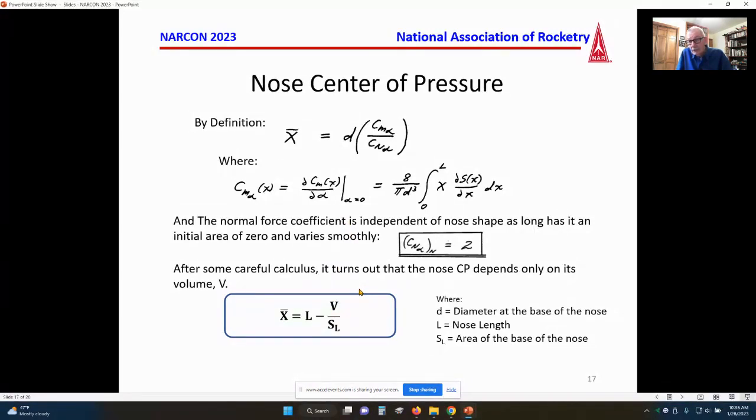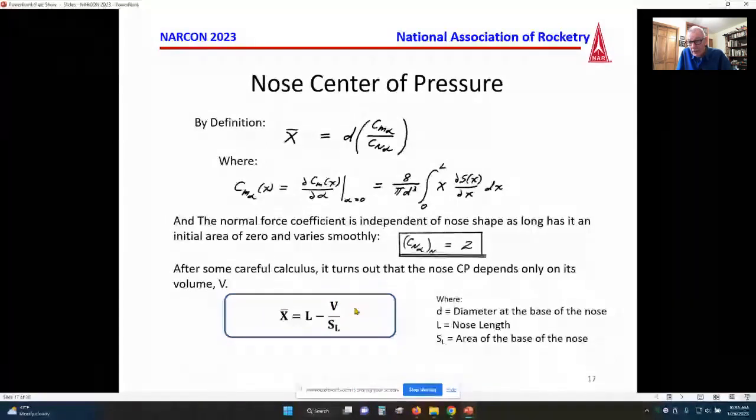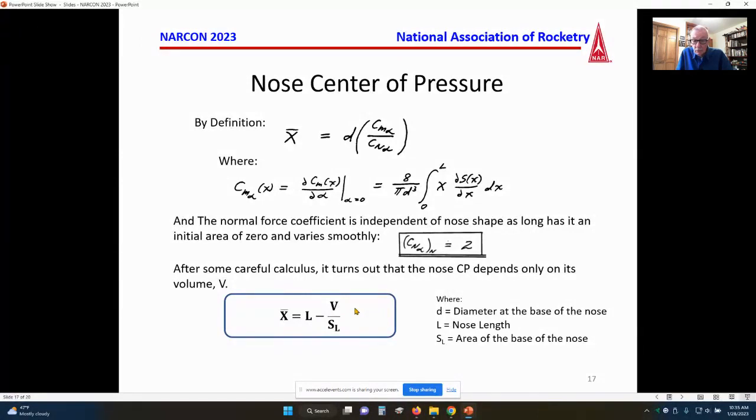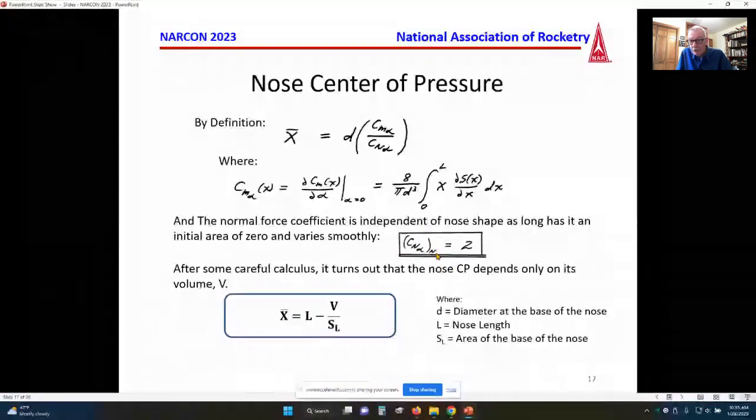Well, it turns out that for everything except the tangent ogive, which is used very often on model rockets and sounding rockets too. Actually, it's used on sounding rockets more because of their flight in the supersonic regime. There's a benefit to using that.